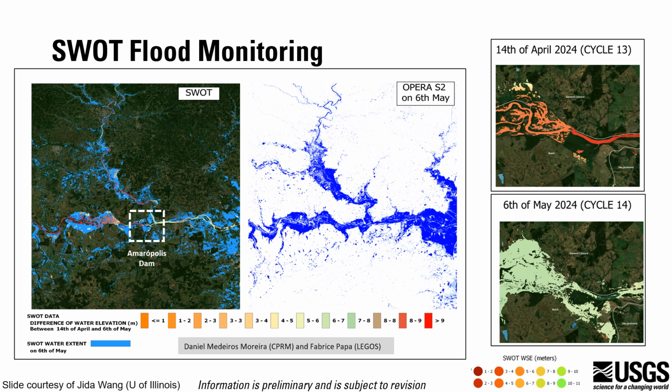On April 14th, prior to the flood, we can see the dam's regulation in place with a much higher water level compared to downstream. And then on May 6th, during the flood event, we see a much larger water extent and similar water elevation values all throughout the image.